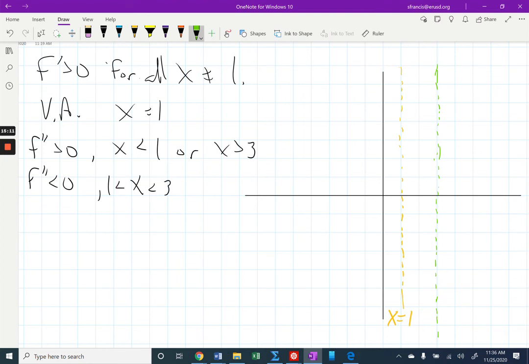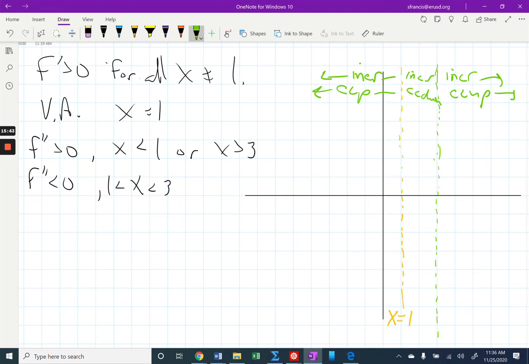Anyway, f prime greater than 0 means that the graph is always increasing. So we have increasing here, still increasing in here, still increasing out over here, always increasing. We have the vertical asymptote. f double prime being positive tells us the graph is concave up. So we have concave up over here for values less than 1, concave up for values greater than 3, and then concave down in between.